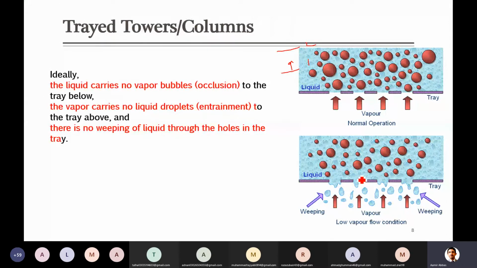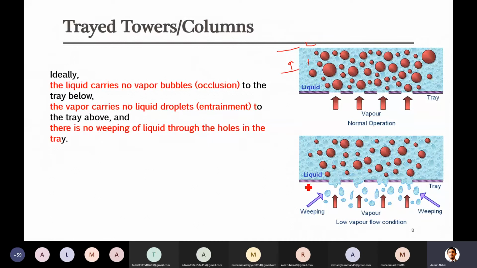But in this case you can see that there is very low vapor flow. It is shown in the form of arrows here: big arrows show a much higher flow rate of vapors as compared to this one. Here there is a low flow rate, so definitely there will be low pressure of the vapors, and in such a case liquid finds this path easy to go down.